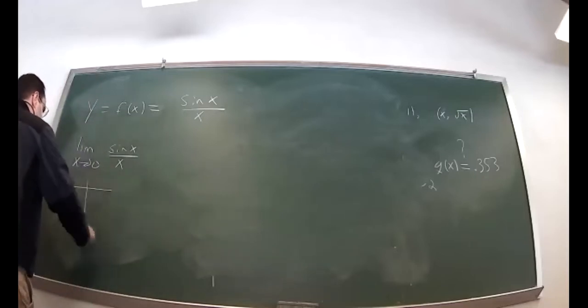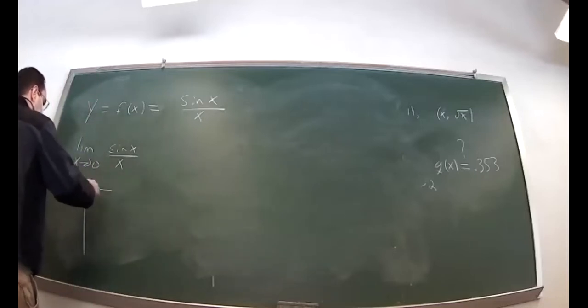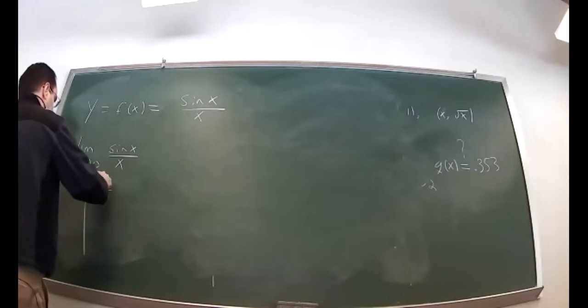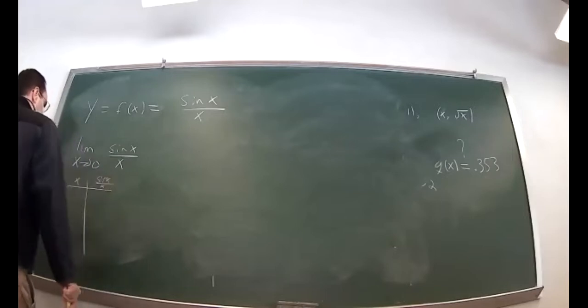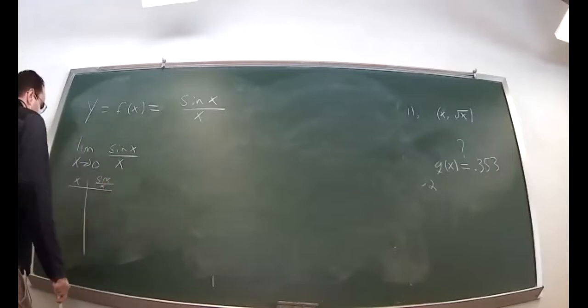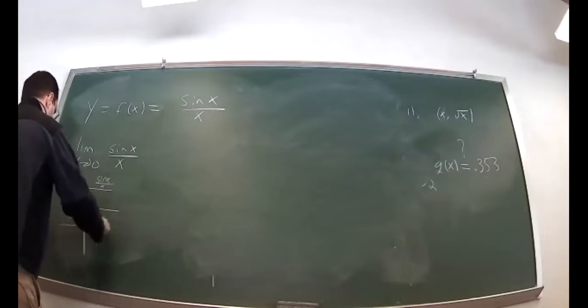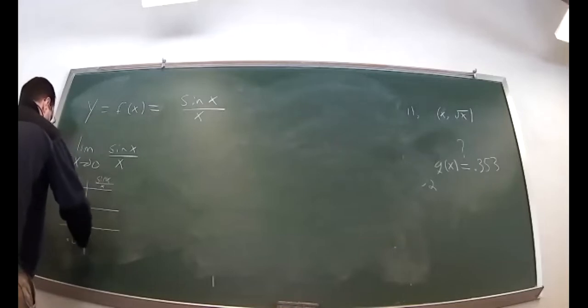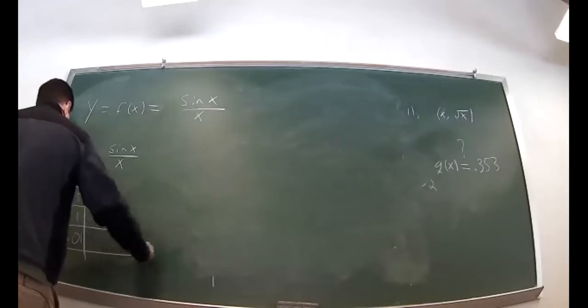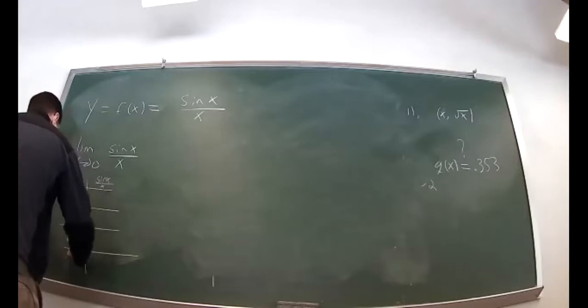Another way you can do this is you could make a table of values for x and for sine x over x. You'd need a graphing calculator for this, but you could pick something like 0.5, 0.1, 0.01, and even 0.001.